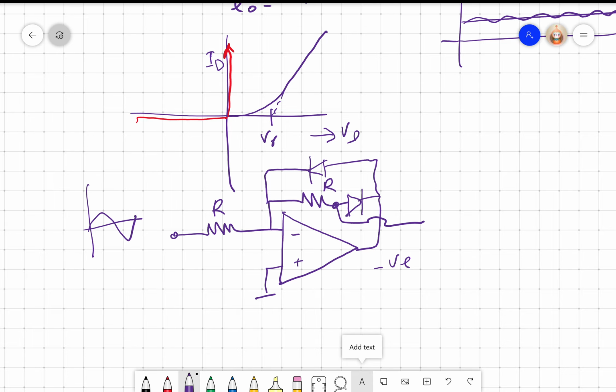Cathode is at negative, this diode will conduct. So during positive, I will get a negative output, right?